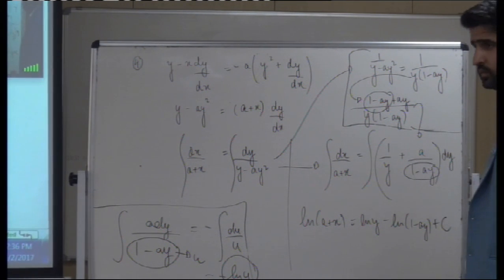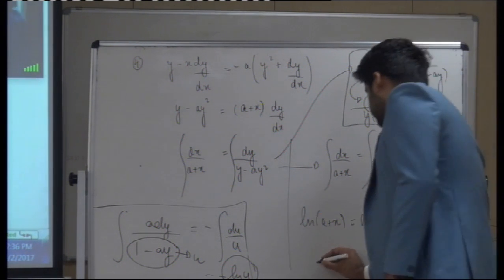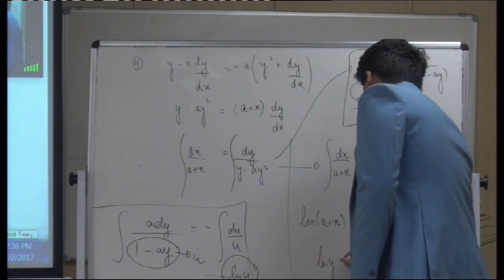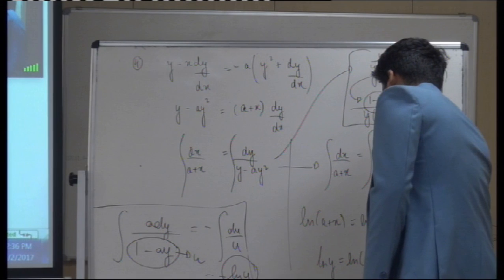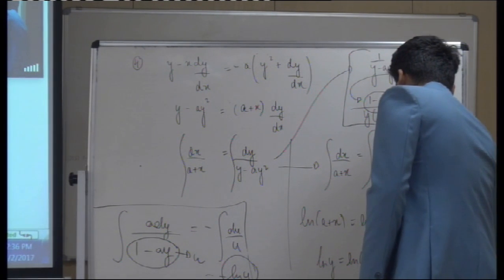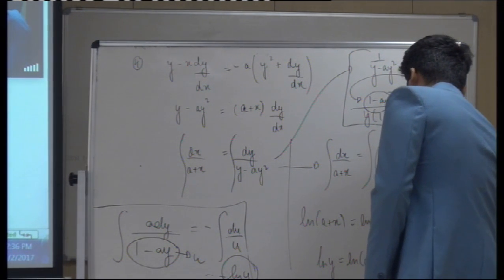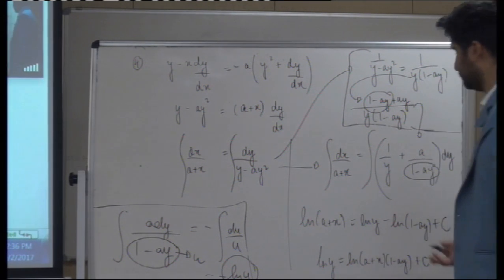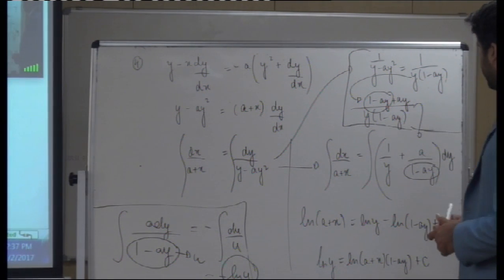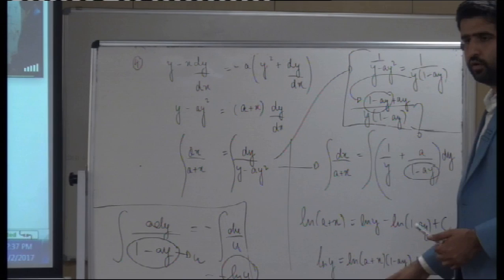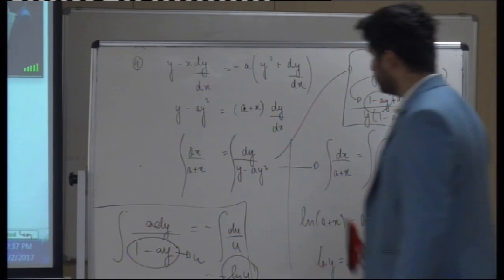So we can write it as ln of y is equal to ln of (a plus x) into (1 minus ay) plus c. No difference. Can we get rid of the ln from here, from the natural log? How?